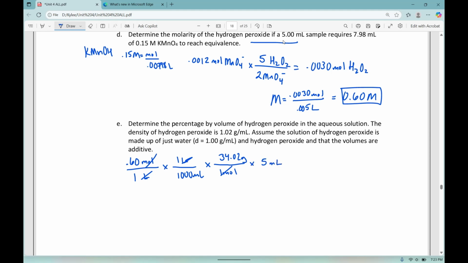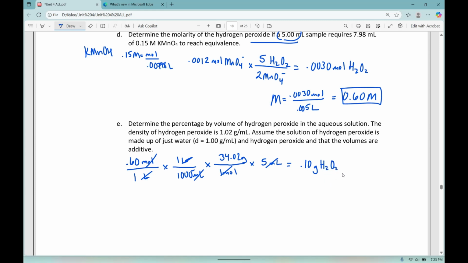That was back up in part D. And so that's going to get my milliliters to cancel. If I do that, I'm going to multiply 0.6 times 34.02 times 5. And then I'm going to divide that by 1,000. And I get, keeping my two significant digits, 0.10. And that's going to tell me how many grams of H2O2.